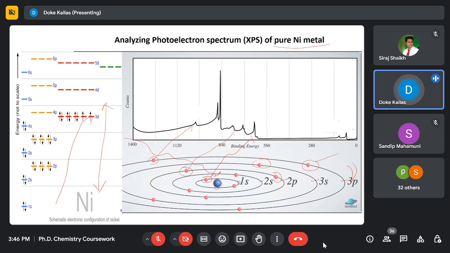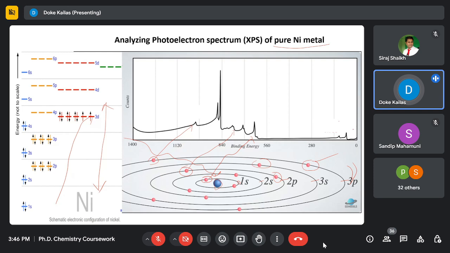So we cannot say that we will get only one line in the spectra, such as the 1s electron. That will not be observed in the spectrometer. We get a whole spectrum with binding energy from 0 electron volts to 1400 electron volts. So, how do we analyze this?